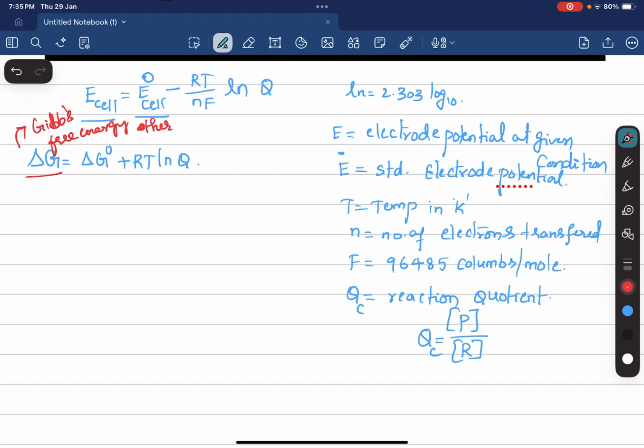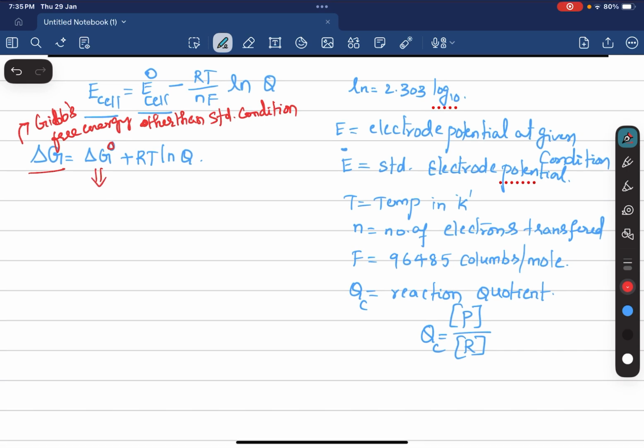In a simple way, remember, wherever the naught, the power 0, is not there, those are other than standard conditions. The same thing, delta G naught is the standard Gibbs free energy.